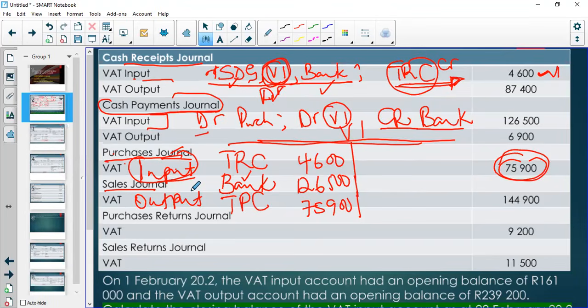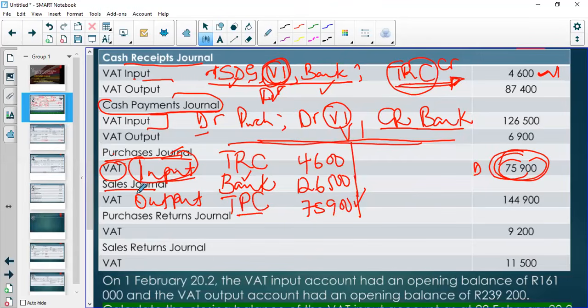Right? It's something that you must know. So when we bought something on credit, this is the VAT input, and we debit VAT input. We also debit the purchases, but because we didn't pay, we credit trade payables control. So the trade payables control is this amount that you enter here.